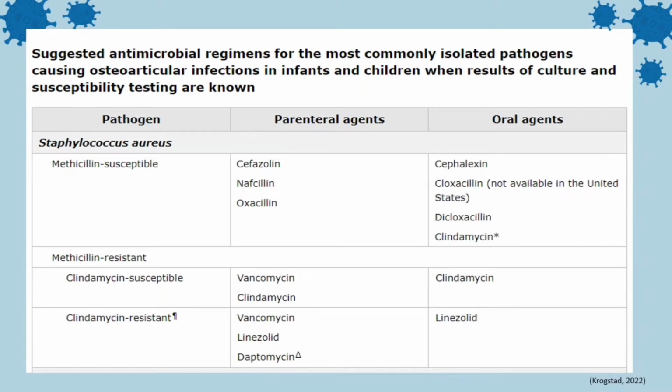For methicillin-resistant pathogens that are clindamycin susceptible, parenteral agents include vancomycin or clindamycin with an oral counterpart of clindamycin. For clindamycin-resistant, methicillin-resistant, parenteral agents include vancomycin, linezolid, or daptomycin, with linezolid as the oral counterpart.